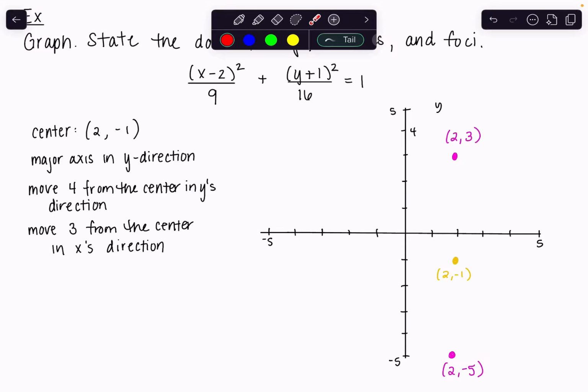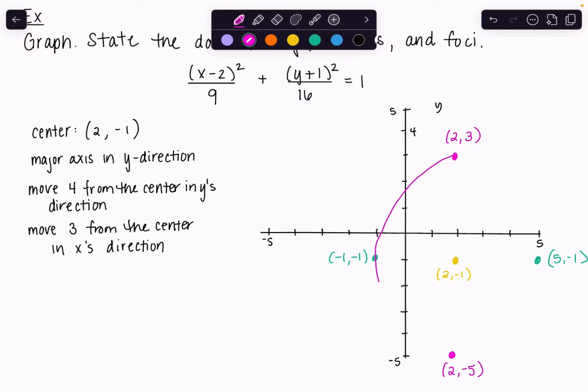So we'd go to the right 3, 1, 2, 3, which lands our x coordinate at 5, and our y coordinate stays untouched at -1. And then we go back 3, 1, 2, 3, which lands us here at -1, -1. So that gives us our ellipse.